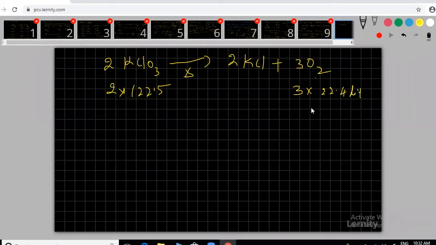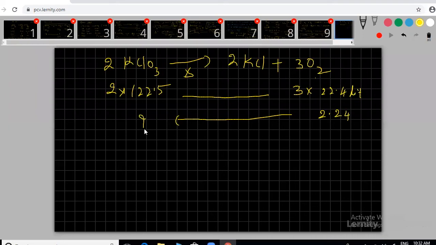But how much volume did they give? They are giving 2.24 liters. So if I need 2.24 liters of oxygen, how much is this?